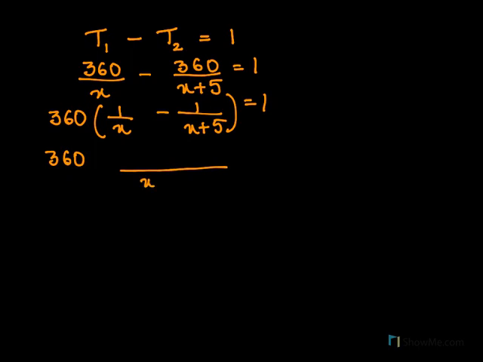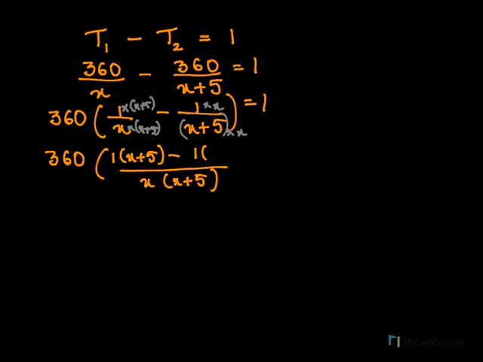In this case the LCM will be x into x plus 5, and you will have to multiply this by x plus 5 and this by x. So when we open, you'll get 1 into x plus 5 minus 1 into x equal to 1.